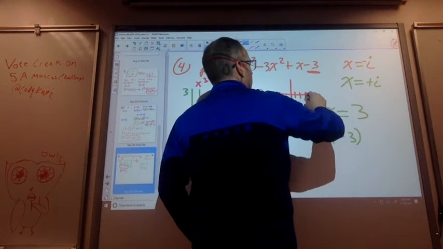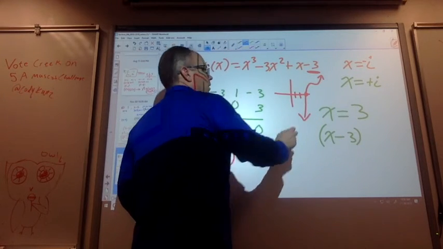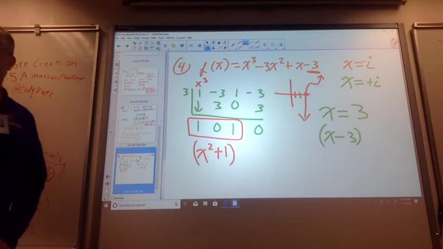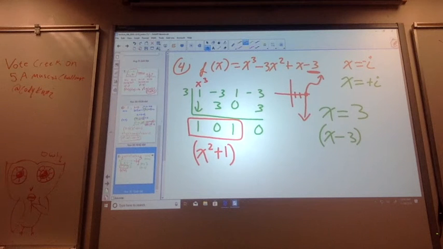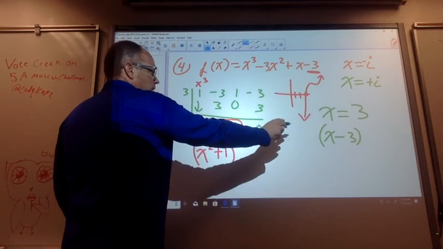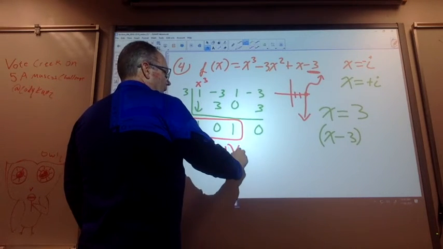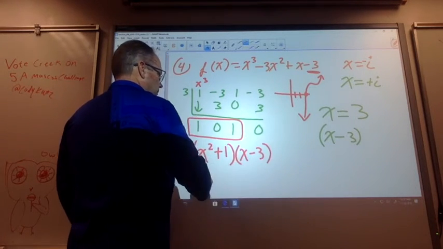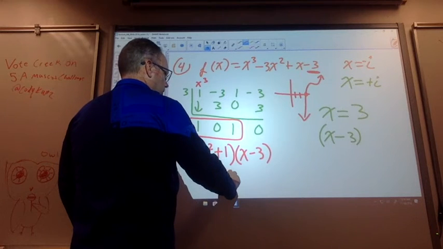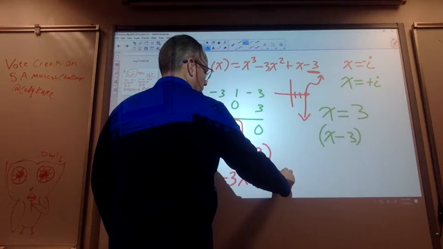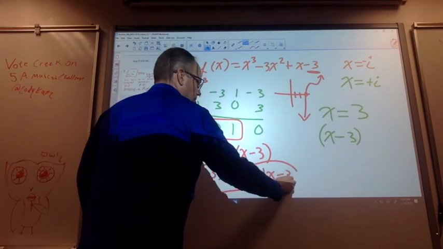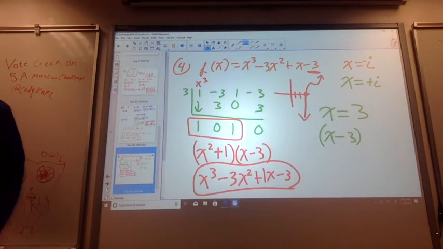It's basically what the graph would look like. Where that wiggle is up above is where the i's are taking place. And so my answer is this and that multiplied together. Of course, you can make x not 1x if you want.